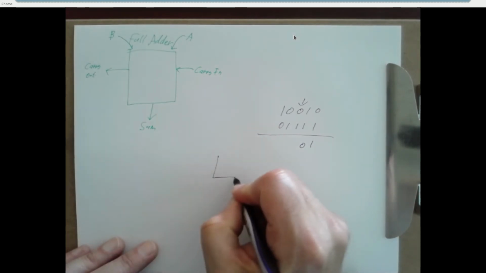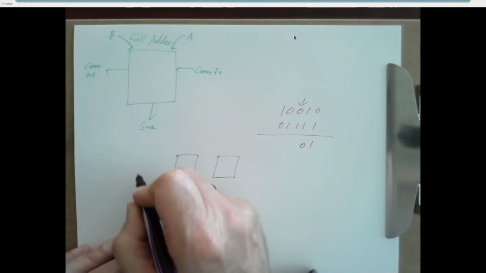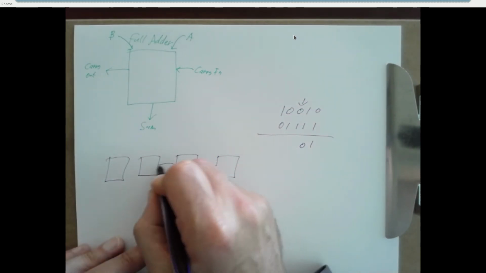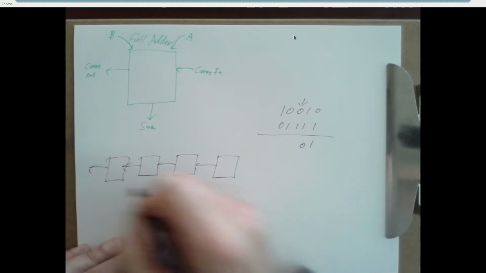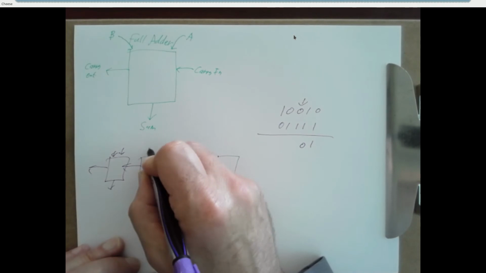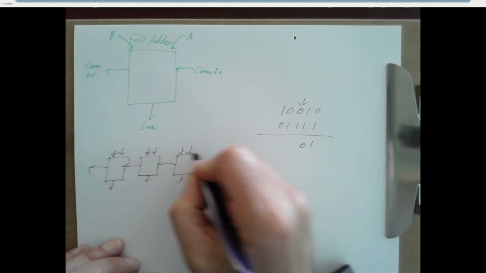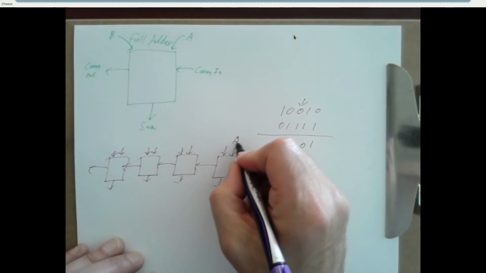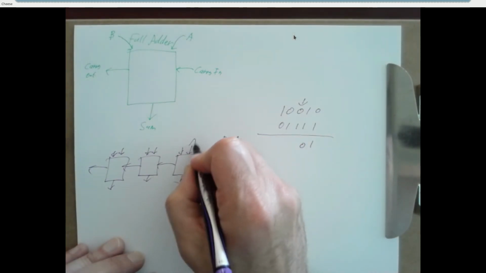And so we can cascade these. Feed each of the outgoing carries, get 4 sum bits, and feed 2 pairs of 4-bit numbers into the top. So this might be A0, B0, and so on.